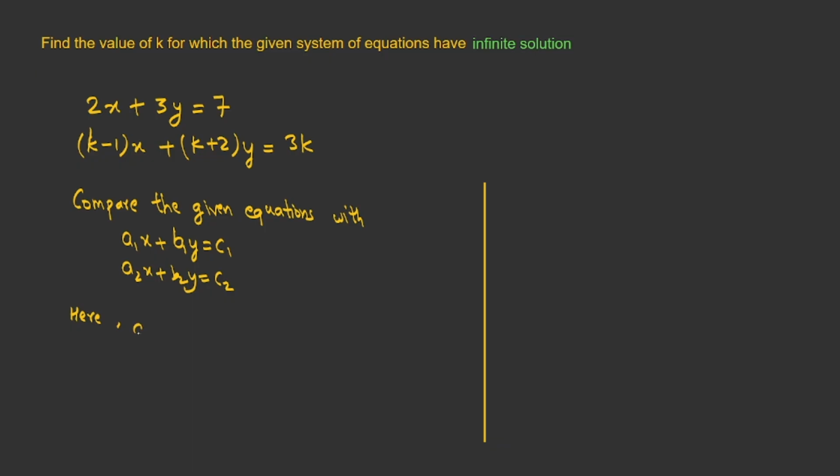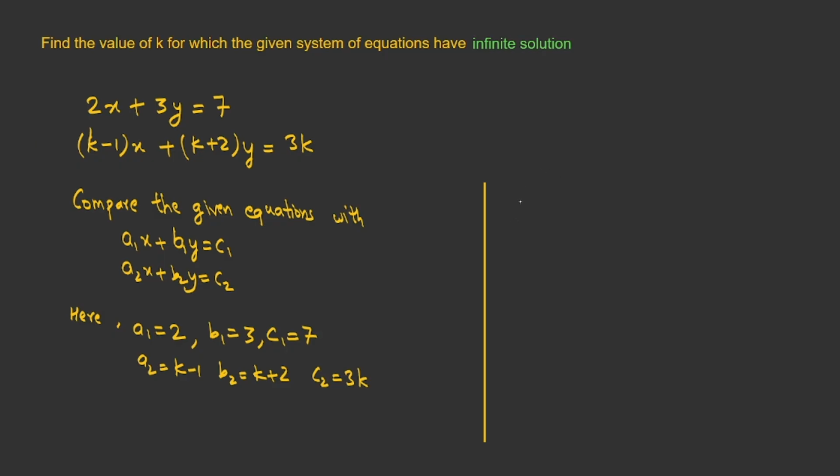सो a1 की वैल्यू मिलेगी आपको 2, b1 की वैल्यू मिल जाएगी 3, c1 की वैल्यू मिल जाएगी 7. इन द सेम वे a2 की वैल्यू मिलेगी k माइनस 1, b2 की वैल्यू मिलेगी k प्लस 2 और c2 की वैल्यू मिल जाएगी 3k. ओके, आपको ध्यान रखना है कभी भी वेरिएबल नहीं लेंगे, एक्स वाई कभी भी a1 a2 के साथ नहीं आएगा.